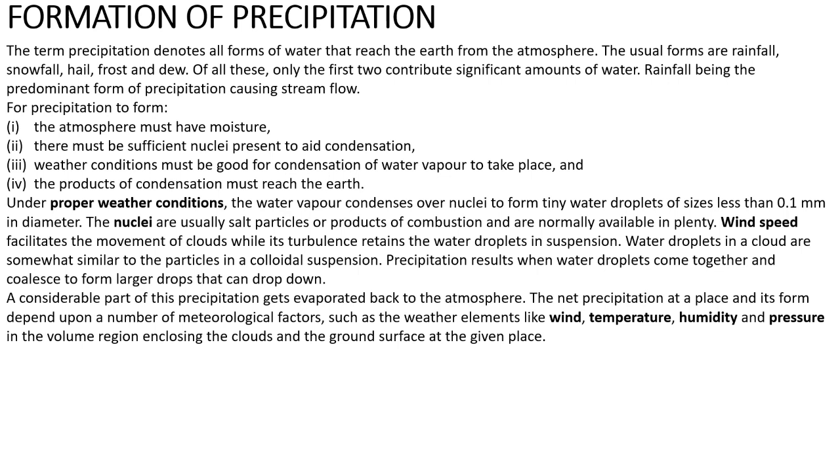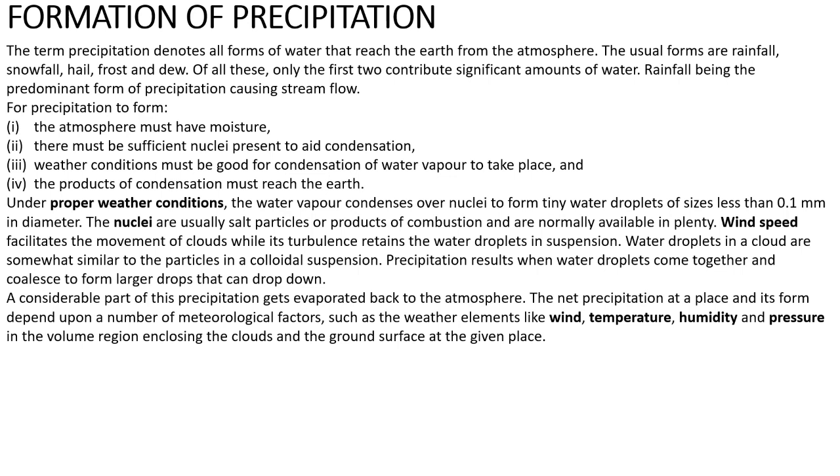Number four, the products of condensation must reach the Earth's surface. So there are times na nagko-condense na yung tubig, pero dahil mainit pa ang panahon, while it travels downward, nag-evaporate din siya at the same time. So if it completely evaporates before it reaches the ground, it cannot be called precipitation.